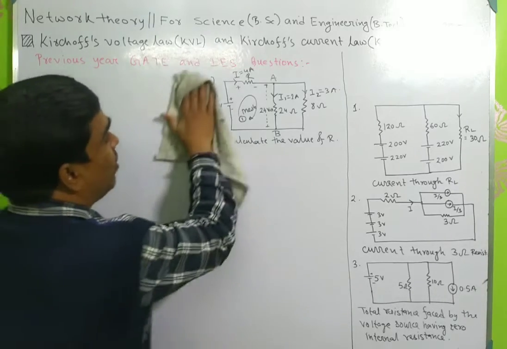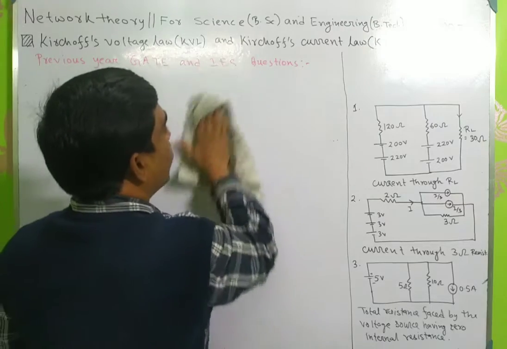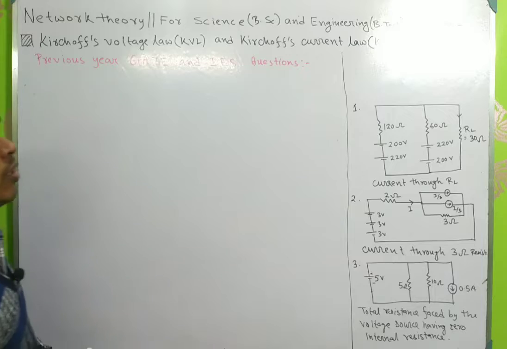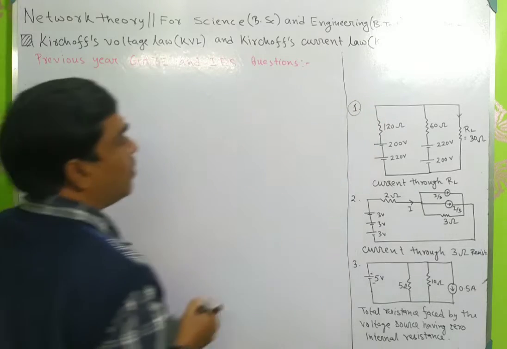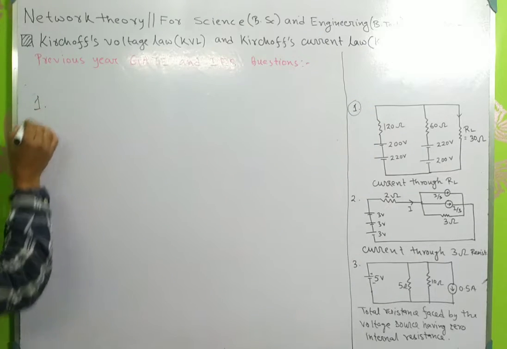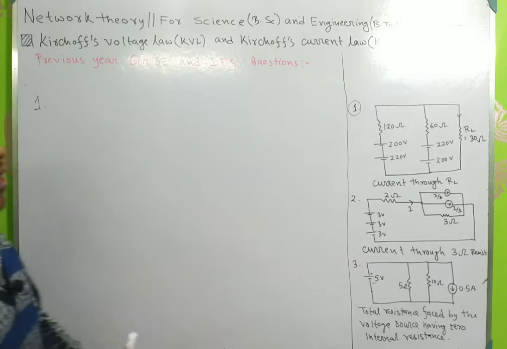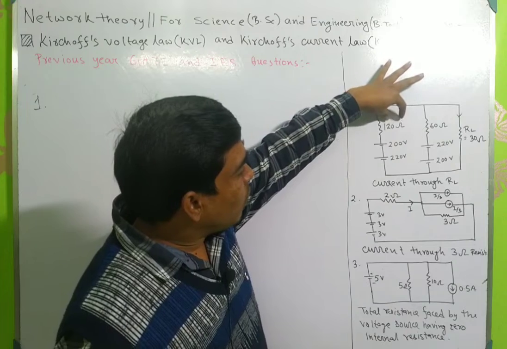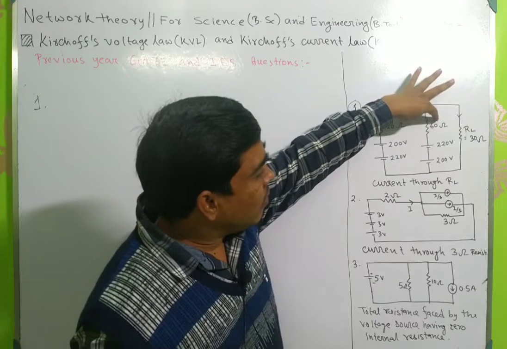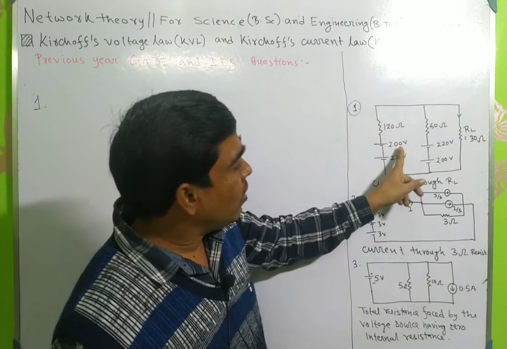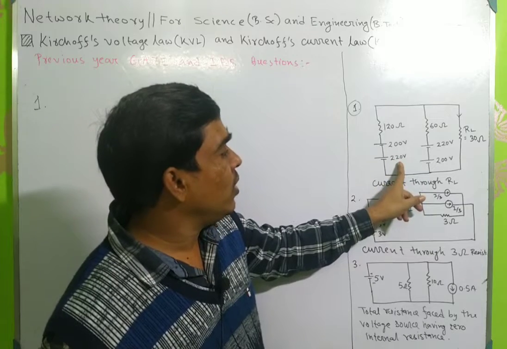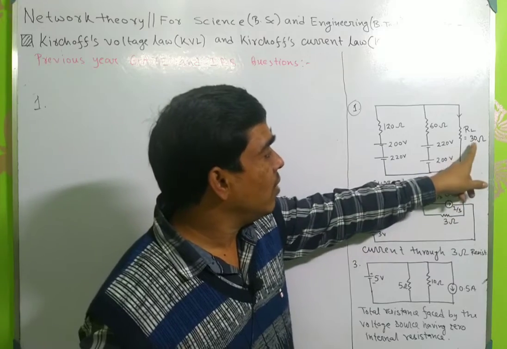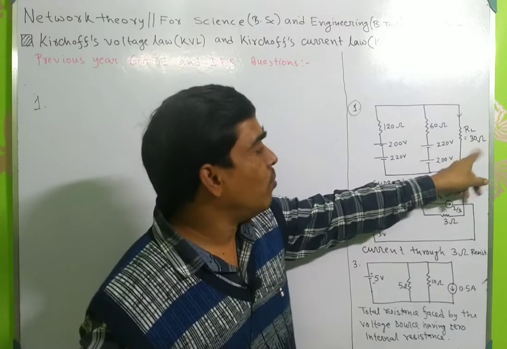Now the next one. Suppose this is problem number 1. Here you have to calculate. This is a 120 ohm, this is 60 ohm, this is 200 volt, this is 220 volt, this is 220 volt, this is 200 volt, and this is the resistance 30 ohm.